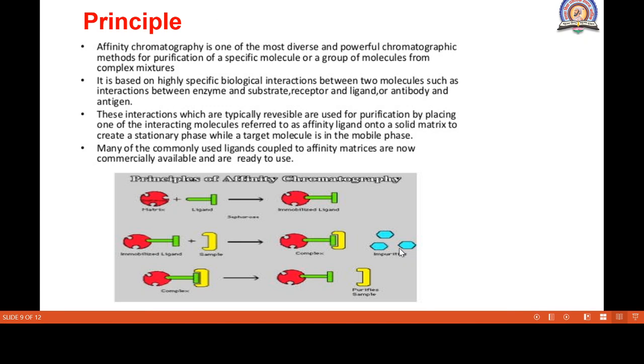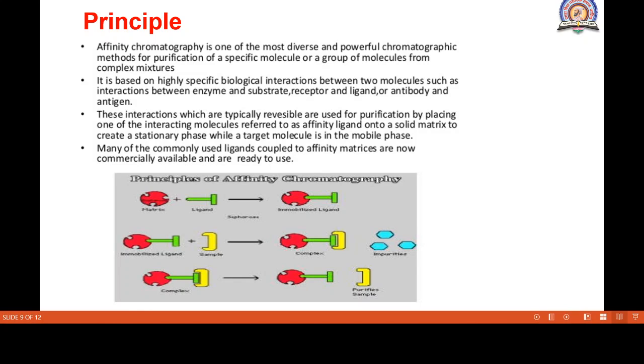Okay, then we see the principle of affinity chromatography. This affinity chromatography is one of the most diverse and powerful chromatographic methods for purification of specific molecules or a group of molecules from a complex mixture. It is based on highly specific biological interaction between two molecules, such as interaction between enzymes and substrate, receptors and ligand, antibodies and antigen.